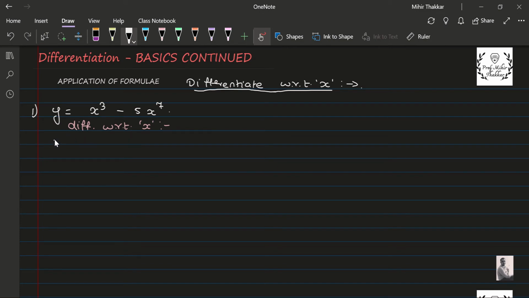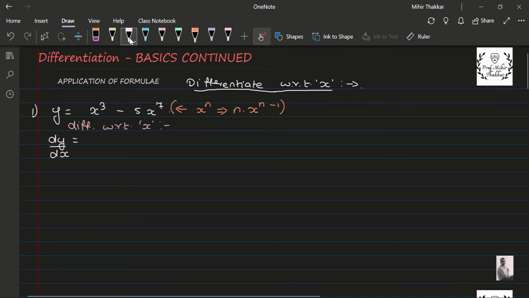So now the derivative of y is dy by dx. x raised to 3 and x raised to 7 both represent the formula x raised to n, which has the answer n into x raised to n minus 1. So if you observe your first term x cube, the value of n is 3.